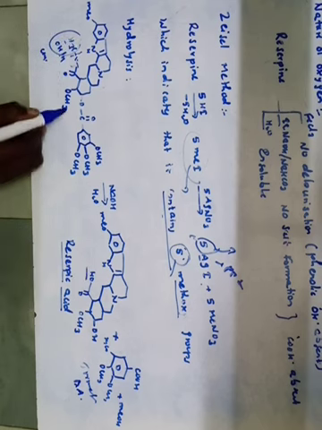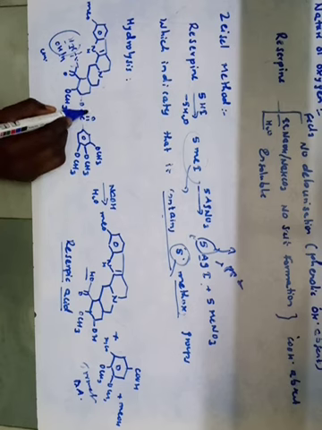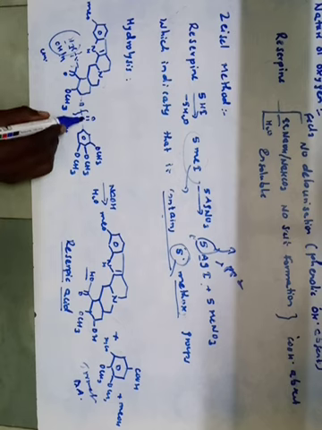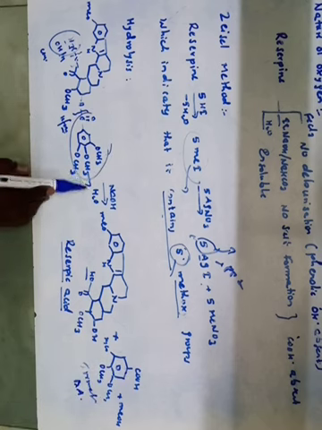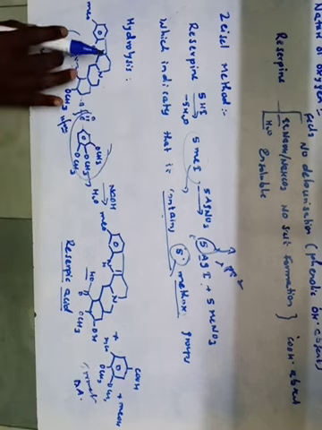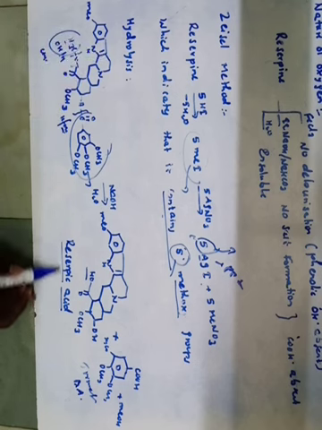Here also, on hydrolysis, H and OH will combine here and form COOH. So this will be formed as trimethoxy benzoic acid, and the other part will be converted to reserpic acid.